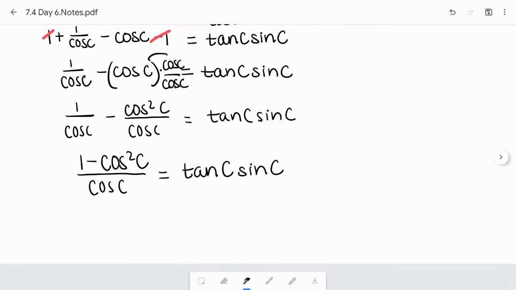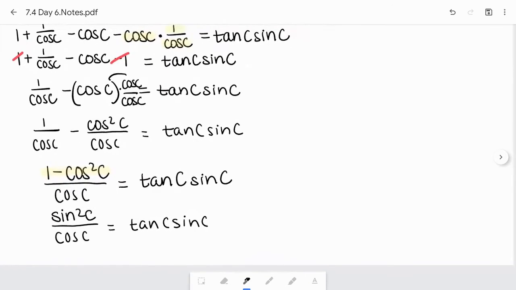Okay, now let's recall that 1 minus cosine squared is the same thing as sine squared. So this is going to give me sine squared c over cosine of c is equal to tangent of c sine c. Okay, I'm running out of room, so I'm going to move over a little bit to the right-hand side.